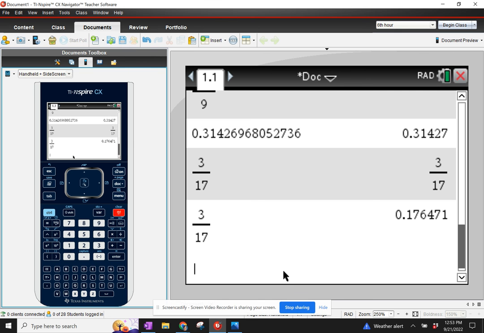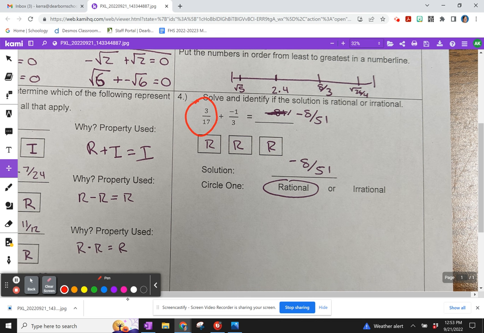So even though you don't know what's next, you do if the calculator could show more numbers. So once again, this is why I really think if you see a fraction to begin with, and that fraction is an integer, which is 3, divided by an integer, it's automatically rational. Same thing if it was negative. -1 is an integer divided by an integer. If you put this whole problem into the calculator together, the output is going to get you a fraction.